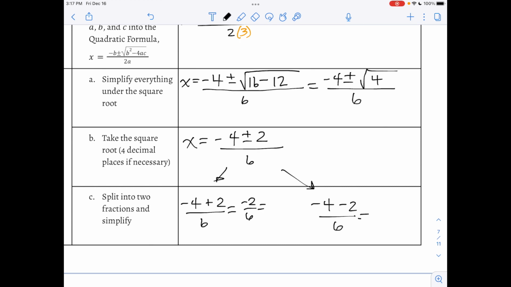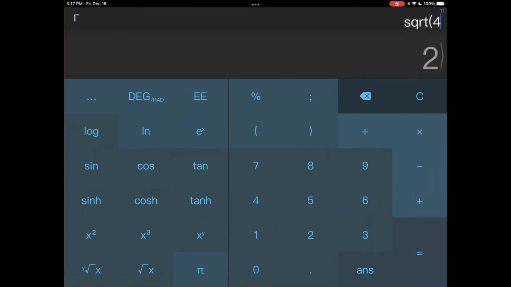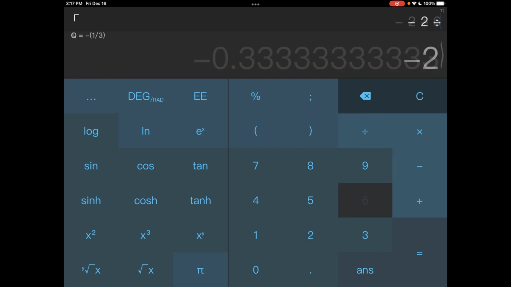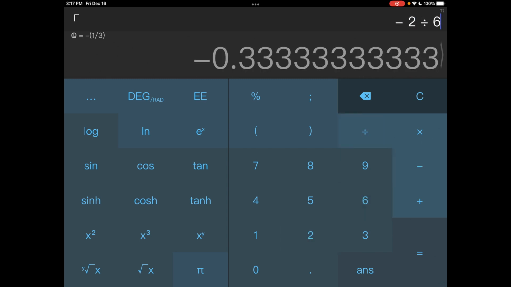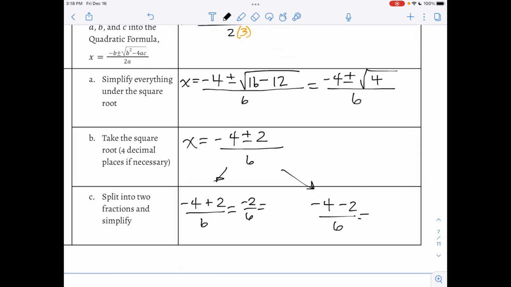Negative 2 over 6. If you're not great with fractions, that's negative 1/3. And then negative 4 minus 2 is negative 6 over 6, which is negative 1.